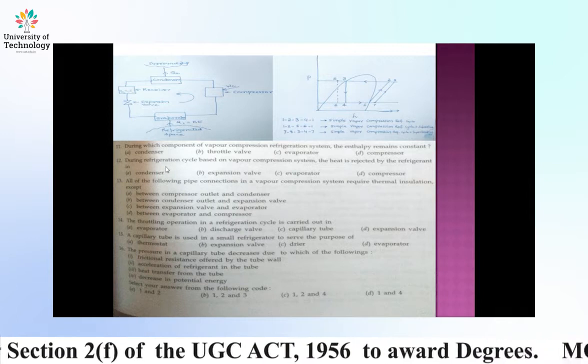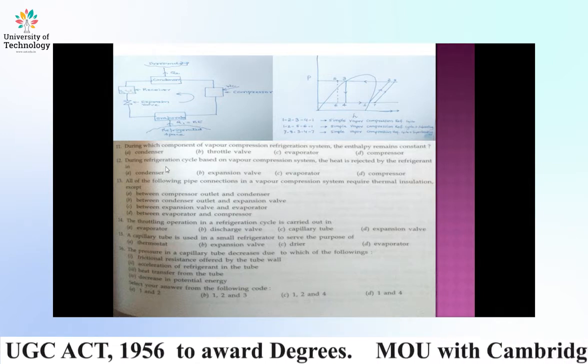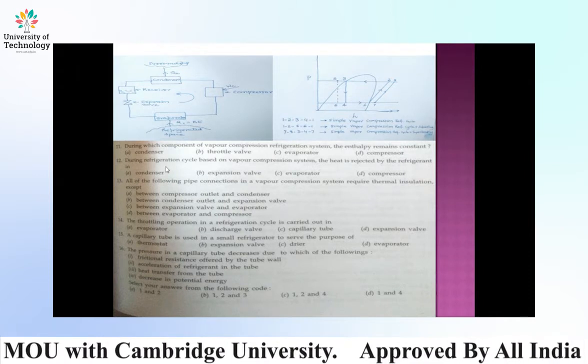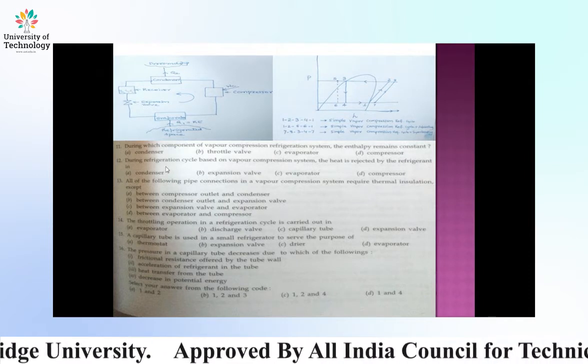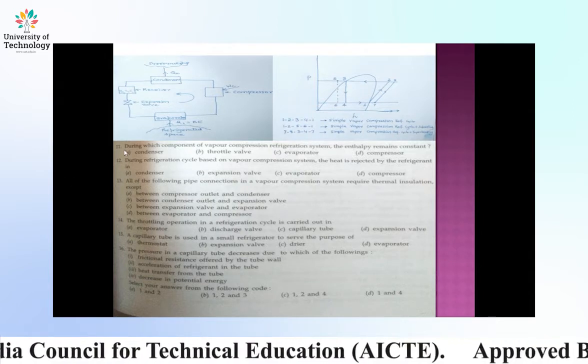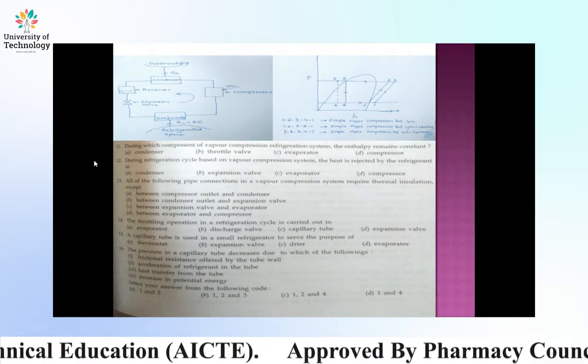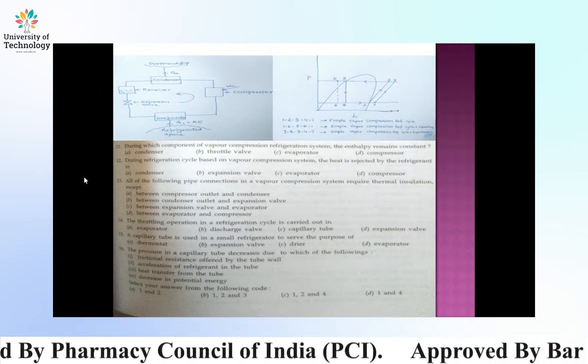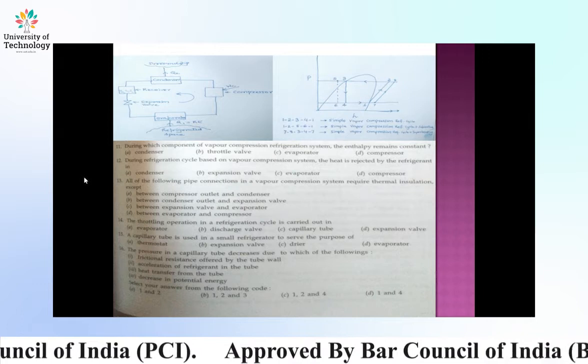So insulation is not required. If we provide insulation, there is no exchange of heat between system and surrounding. So for proper interaction of heat between system and surrounding, the thermal insulation is not required for the pipe connected between the compressor outlet and the condenser. So option A is correct.